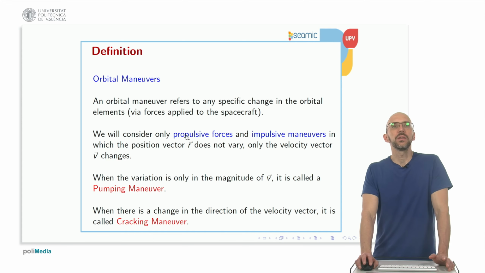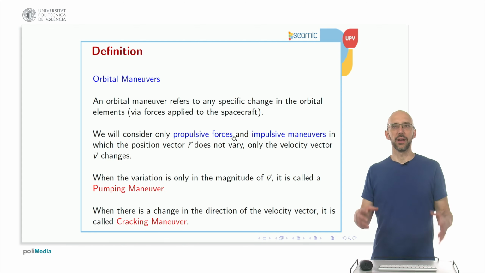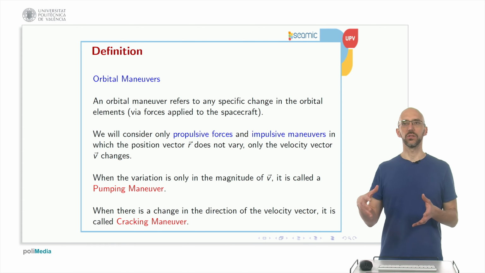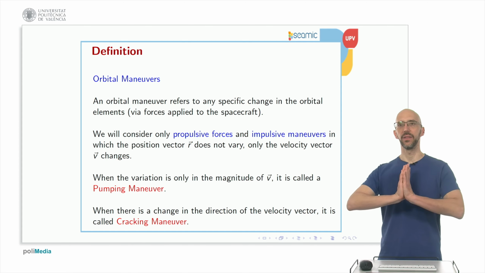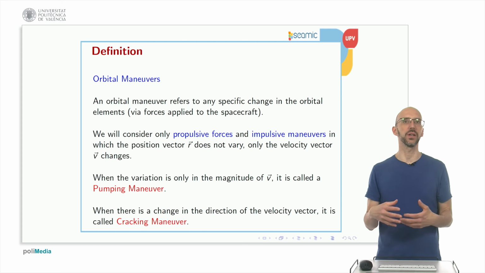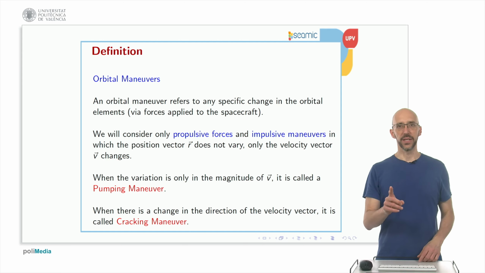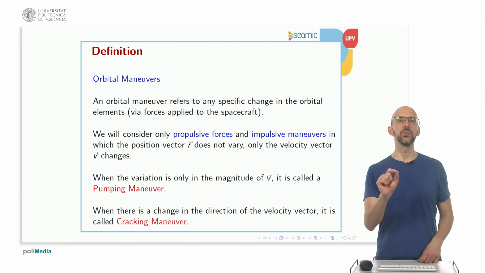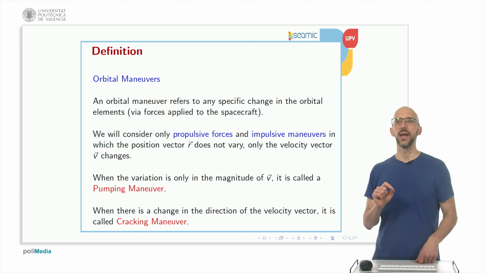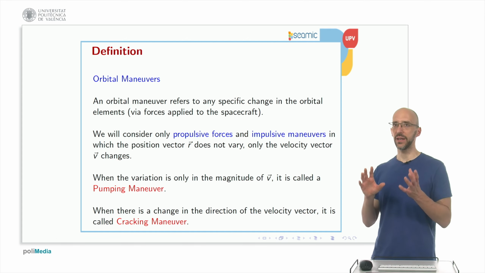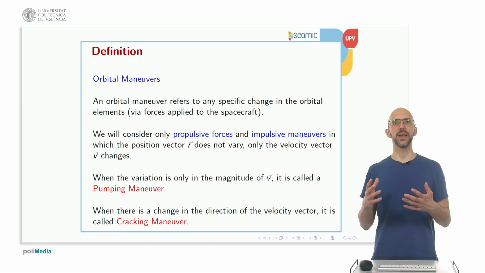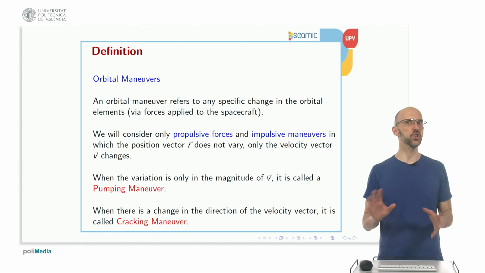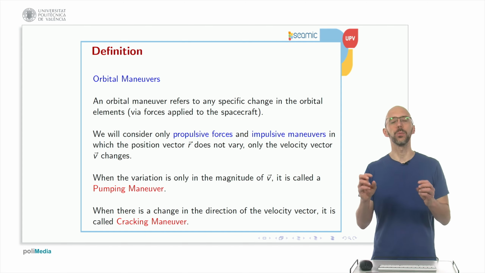We are going to consider only propulsive forces. I mean, you are going to have a rocket, and this rocket is going to open the engines, and the thrust is going to push the rocket in a direction. But we are going to consider impulsive maneuvers. What does this mean? That the time the engine is on is very small, like pushing something in space. It's a very short propulsive force.